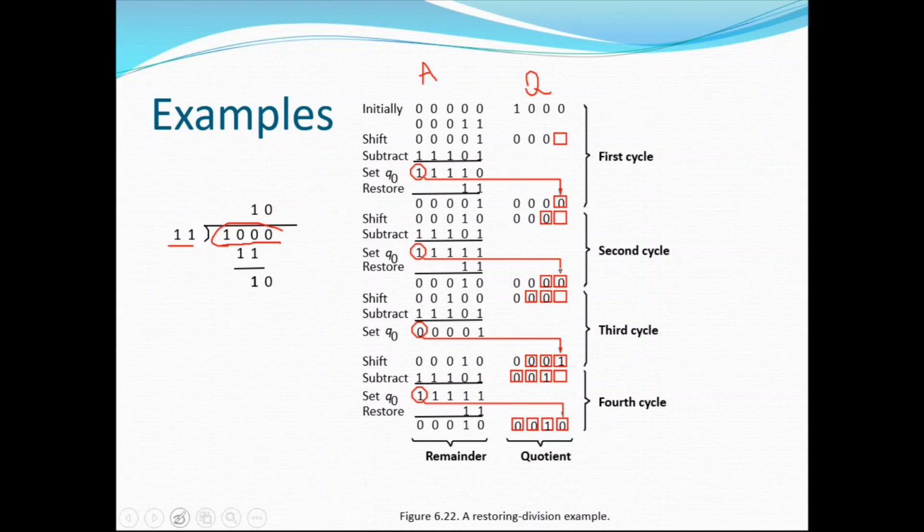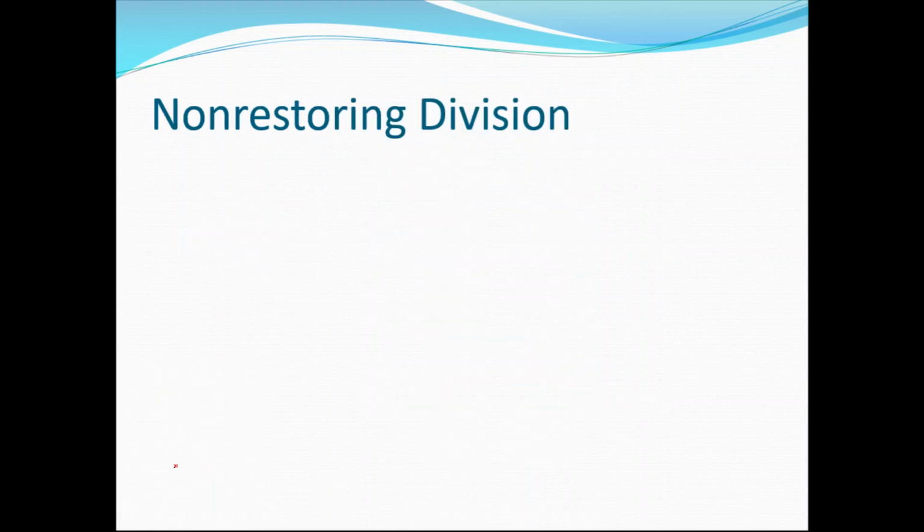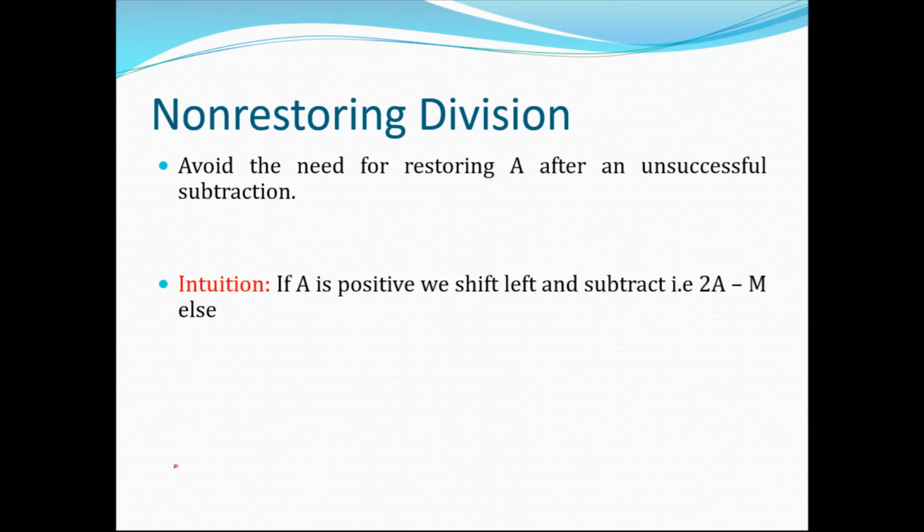Fine. Here if you see, the number of steps is quite large. Is there any way to reduce the steps? Yes, there is something we can do. Whenever there is a negative number, we are restoring.